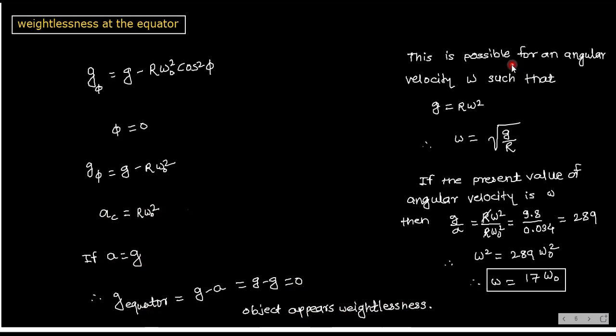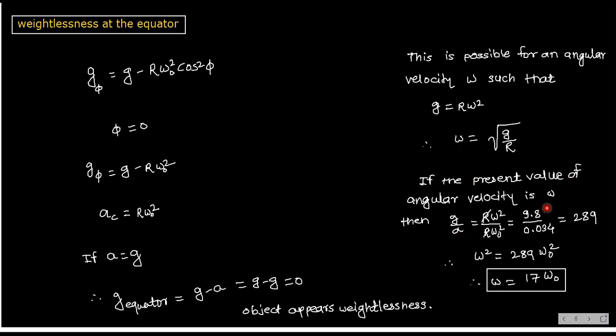This is possible for an angular velocity omega such that g is equal to r omega square, because here ac is equal to r omega square and ac is equal to g, therefore g is equal to r omega square, so omega is equal to root g by r. If the present value of angular velocity is omega0, then g by a means r omega square by r omega0 square.